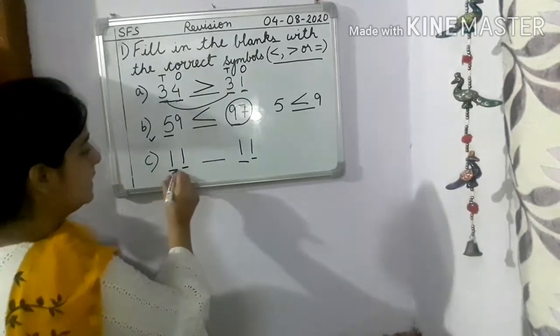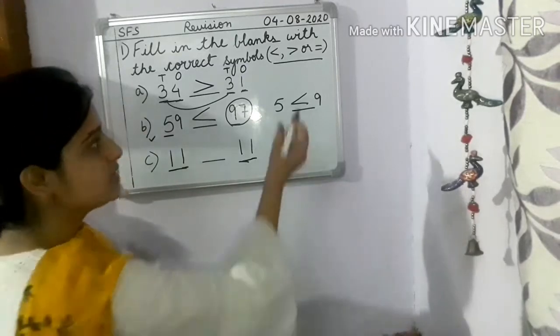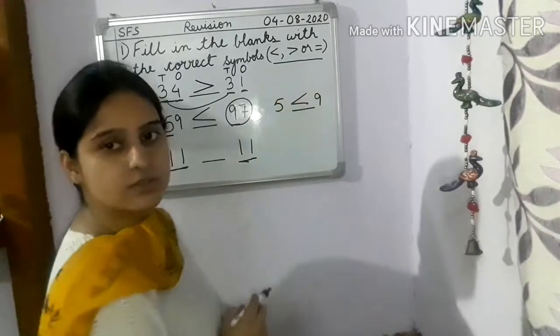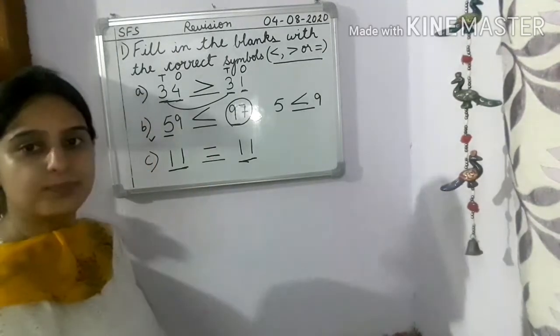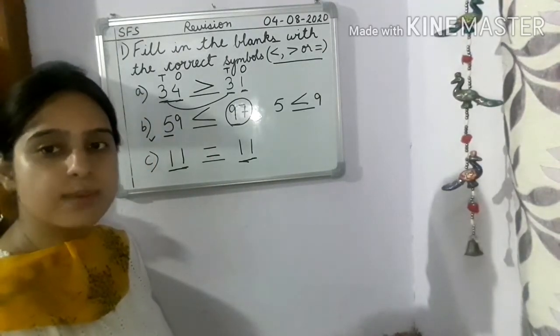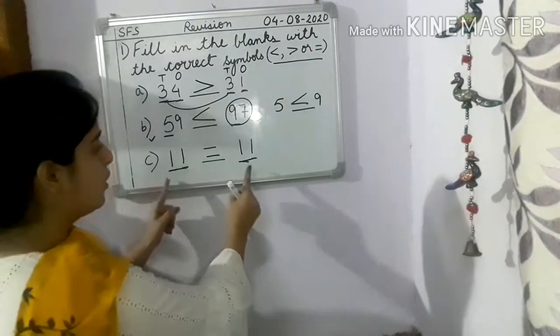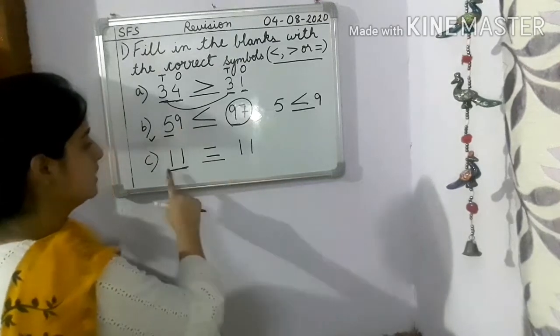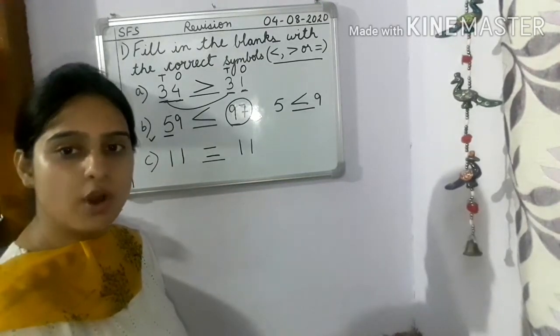That means 11 and 11. Both the numbers are same. So which symbol will come, children, among these three? Equal to symbol will come. Why? Because both the numbers are same. Okay, is it clear to you all?